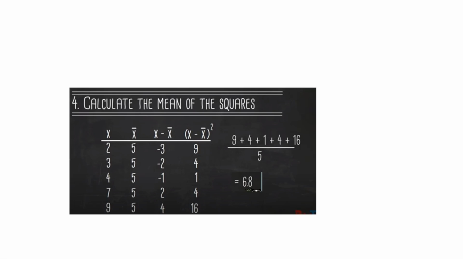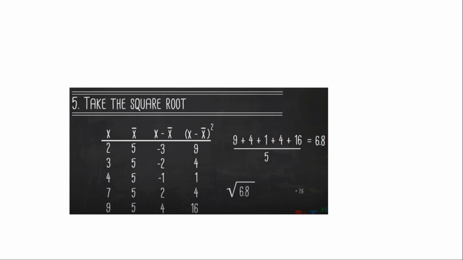To get the actual difference, we take the square root of 6.8, which is the deviation between the mean value and your individual observations. The square root of 6.8 gives you the standard deviation, and in the present case it is 2.6.